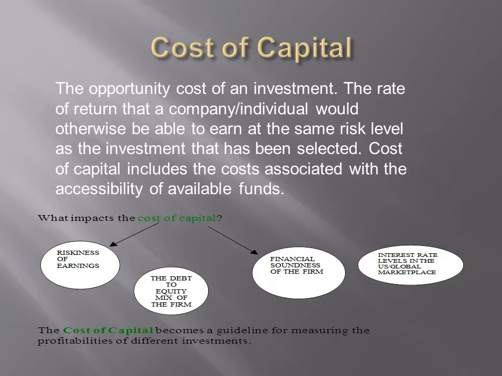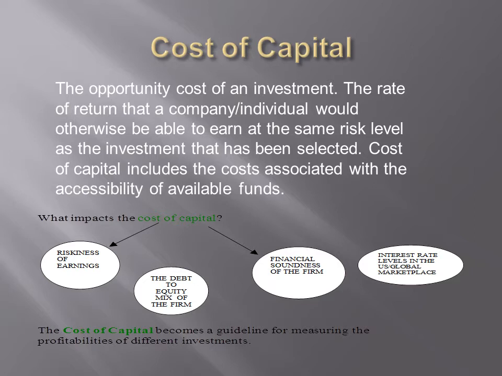Questions that you need to consider are: what's the riskiness of the earnings? How risky is this investment? How likely is it to succeed or fail? The debt to equity mix of your particular company. Can you afford more debt? Do you have enough equity in order to offset some of the debt that you already have and that would be added to your firm with the acquisition of this particular capital asset?